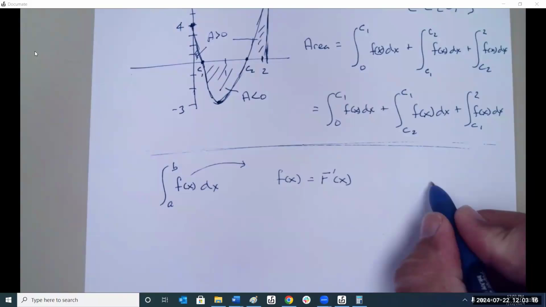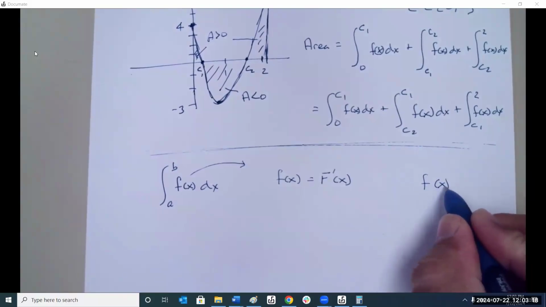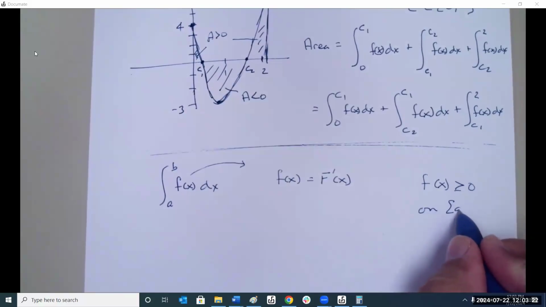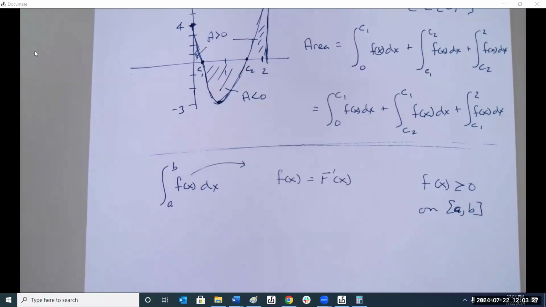And we always want it to be positive on some closed interval. How do we define derivatives first? In the old days, how do we define derivatives? Using which formula? The difference quotient.